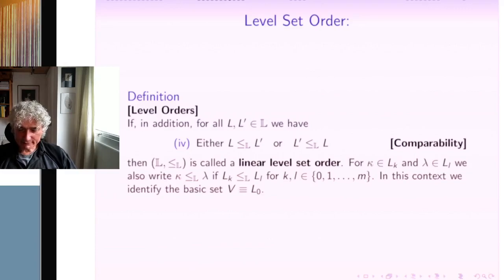So that is the property of comparability. But of course you can also have a linear level set order with a strict hierarchy, and this is what you need for the definition of a strict hierarchical hypergraph, because there a higher order level would only contain elements from lower level sets, but not only from the lowest level.